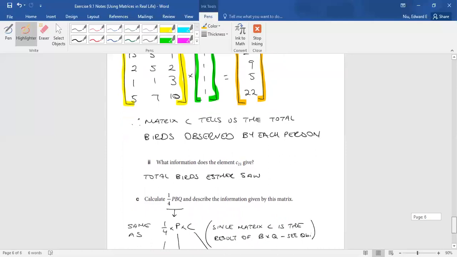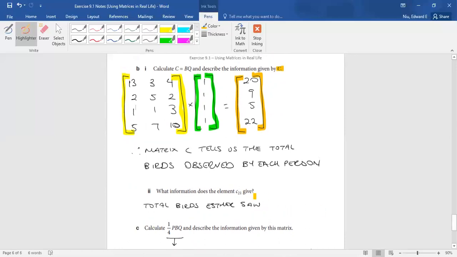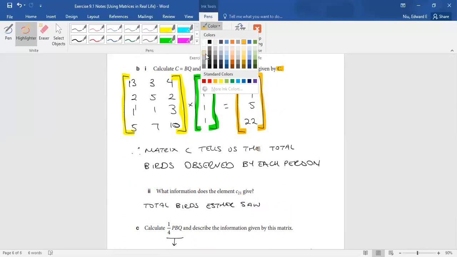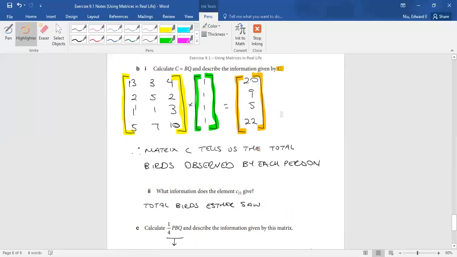Part 2 of question B, what information does the element in matrix C, row 2, column 1 tell us? So row 2, column 1, this number here.